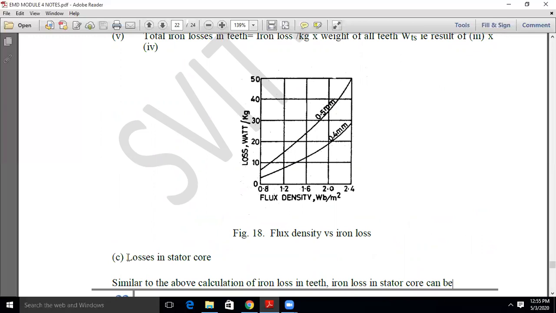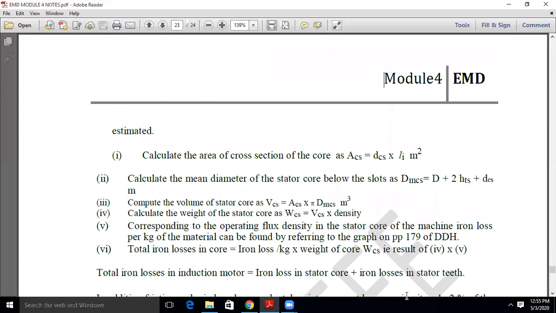Losses in the stator core: similar to the above calculation of iron loss in teeth, the iron loss in the stator core can be calculated. We need to calculate the area of cross section of the core, ACS, that is DCS into Li. Calculate the mean diameter of the stator core, DMCS, and compute the volume of the stator core as VCS.